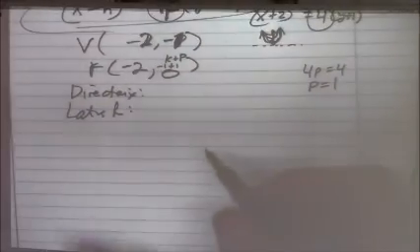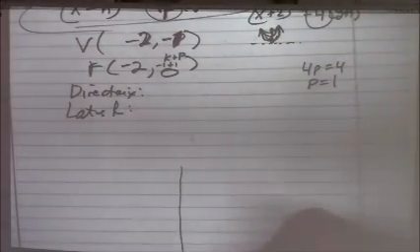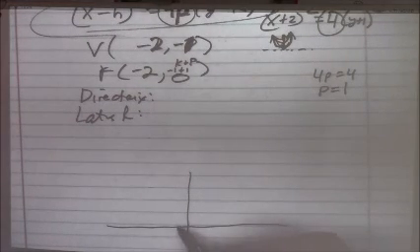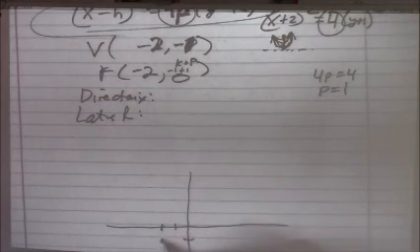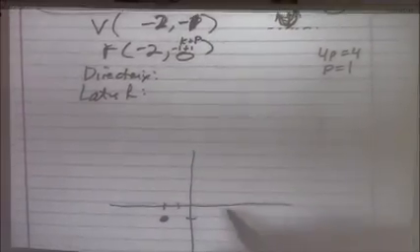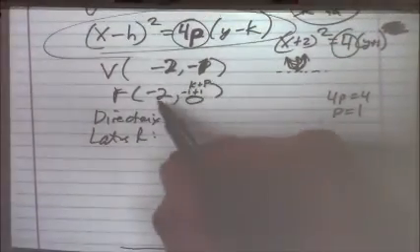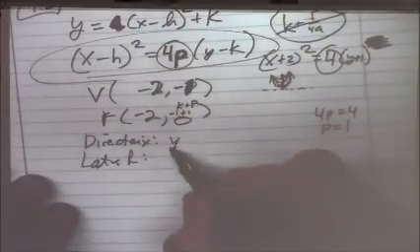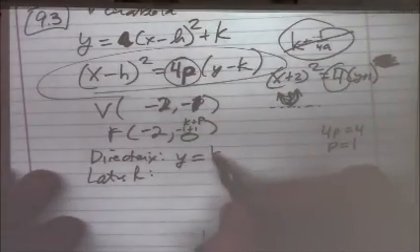This is actually a good time to start graphing, and I'm going to come down here and do a simple graph of it. If I go to -2 and -1, that looks like it would be there. My focus point, according to this, would be (-2, 0). The directrix is going to be y equals k.